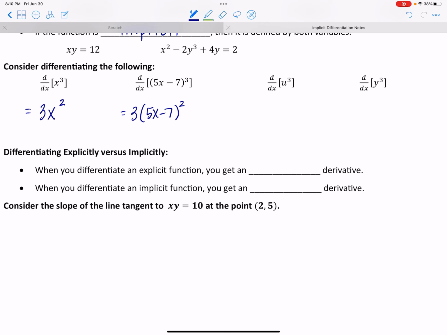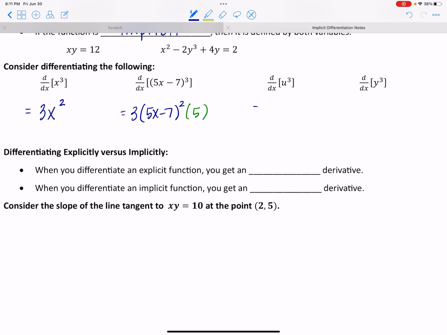But again, as soon as this changes to anything other than x, we have to multiply by its derivative. So in this case, we're going to multiply by the derivative of 5x minus 7, which would just be a 5. And that's using the chain rule, applying the chain rule to that specific situation. But the chain rule we can use to generalize. As soon as the thing that's being raised to the third power is anything other than x, we're still using our power rule, but then multiplying by that derivative.